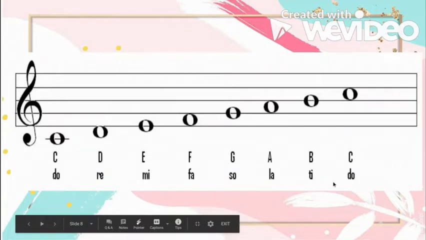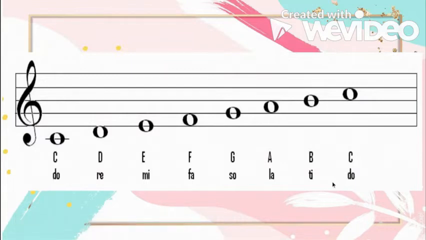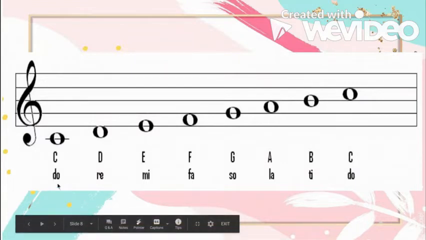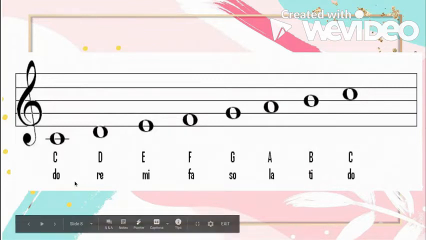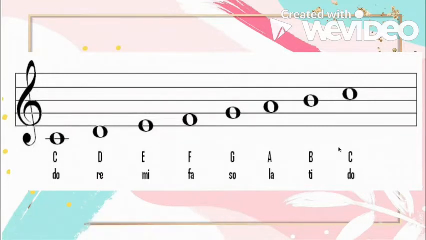Is it repeated? Yes, it's repeated. That is why we only have 7 SOFA syllables: the C, D, E, F, G, A, B, or the do, re, mi, fa, sol, la, ti. So these are the SOFA syllables. Again, it's not 8, it's 7.